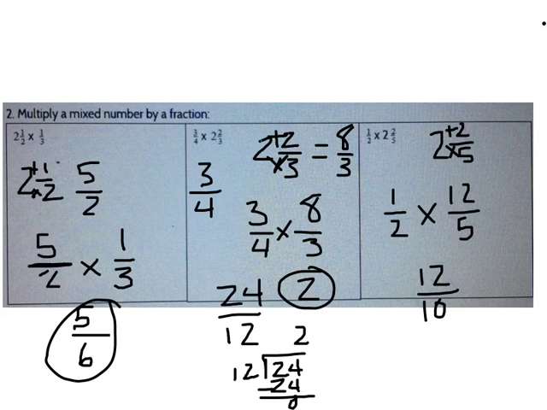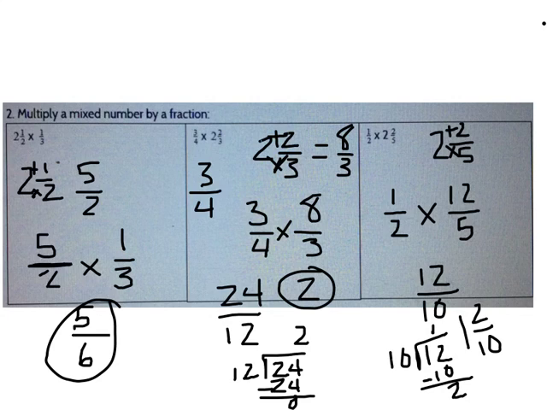I can change 12 over 10 into a mixed number. What mixed number do you get? Well, 10 goes into 12 one time. 1 times 10 is 10. When I subtract, I have 2 left over. So I get 1 2/10. But that's not yet a final answer. I can simplify 2/10.